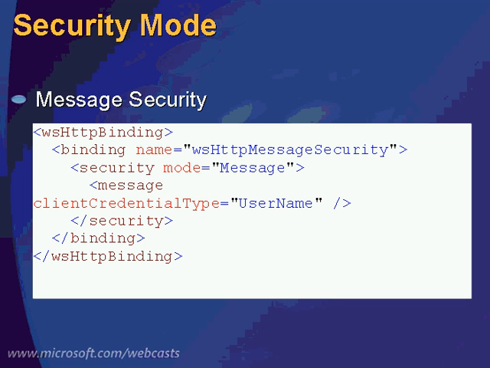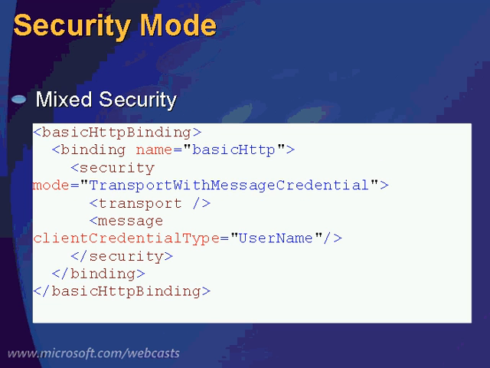The point is that we default to message security, which means we're using the message to encrypt and sign, and we are passing credentials as part of the message instead of as part of the protocol headers. Now, it's also possible you might want to pass a username password in the message, but you may want to use the transport to do encryption and signing.